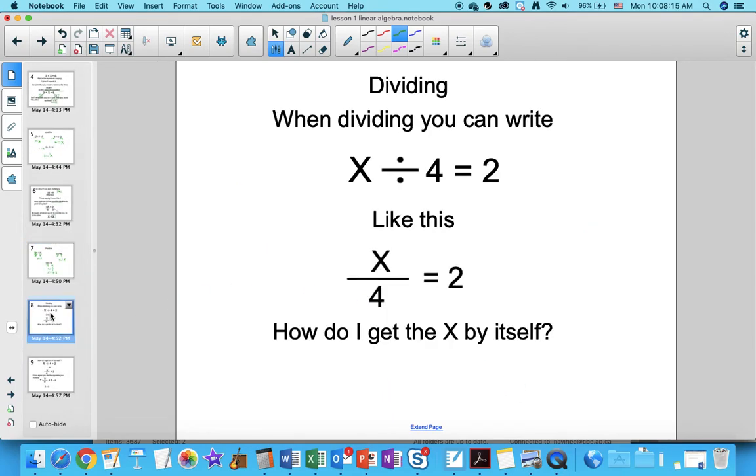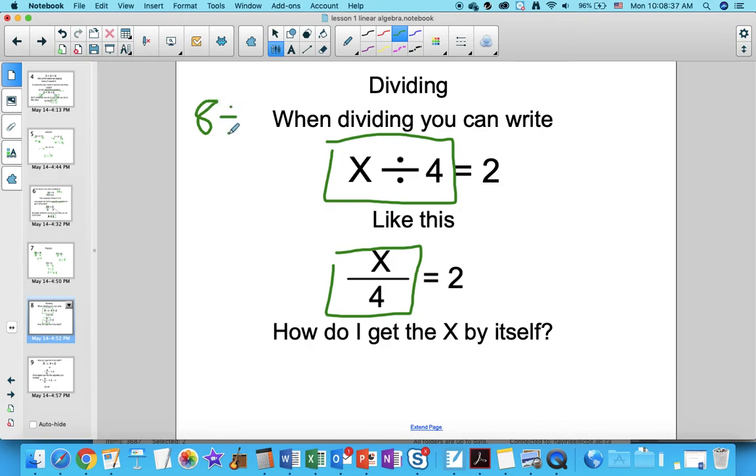What if we're dividing? Well, when dividing, just as a quick note, you can write your question like this or like this. It's the exact same thing. Remember, I said earlier that fractions and division are basically the same. 8 divided by 2 equals 4, and 8 over 2 equals 4, they're the same.